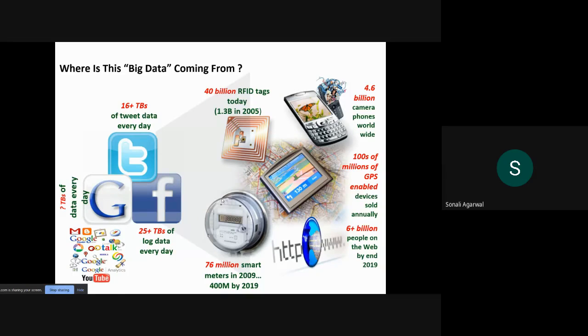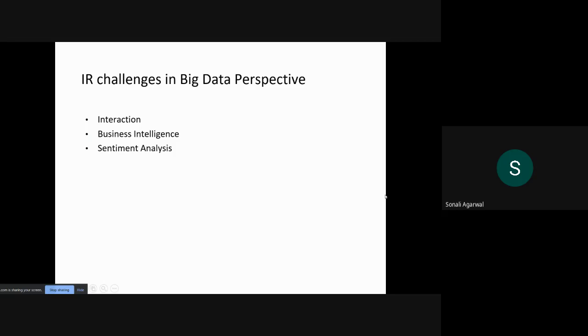So they are basically nothing but a collection of words which we are getting from these kinds of resources. Okay. So what are the IR challenges from a big data perspective? Although there are two challenges, if we talk about the big data aspect, there are definitely big data challenges, where the management of this data is really very difficult. If we see the information retrieval aspect, it is all about interaction, business intelligence, or sentiment analysis.